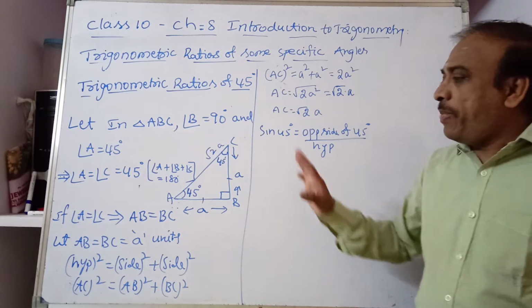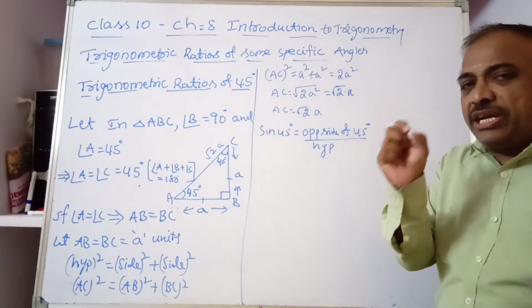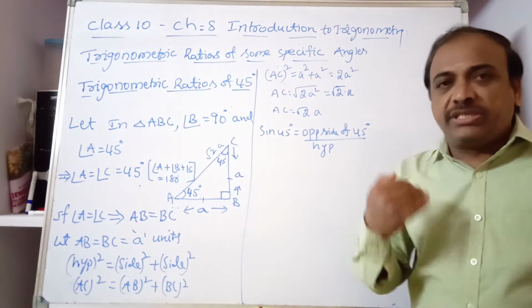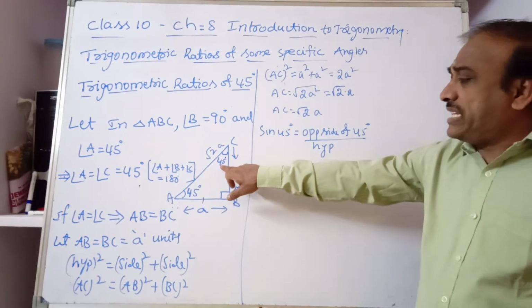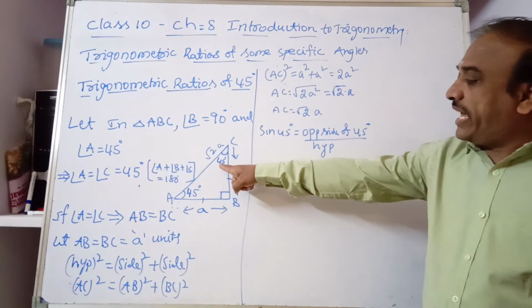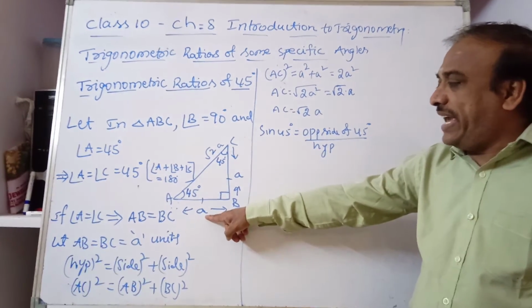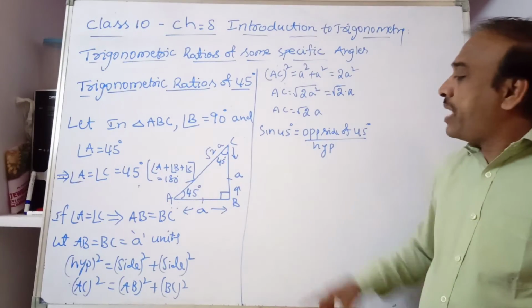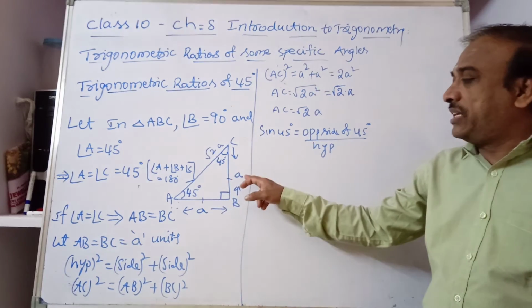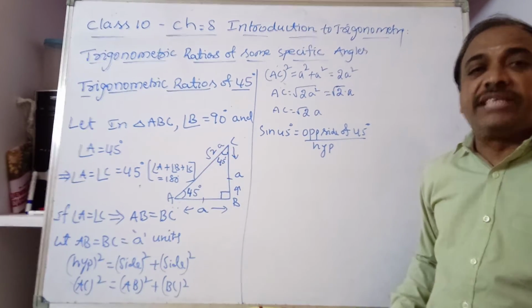You can take anything. Listen, if I mention a particular alphabet, either A or C, then you have to think which will be opposite and adjacent. Here 45 degrees, here also 45. If you take this 45, the opposite side is A, and the hypotenuse remains the same. Or if you take this 45, the opposite side is this, and the hypotenuse remains the same.